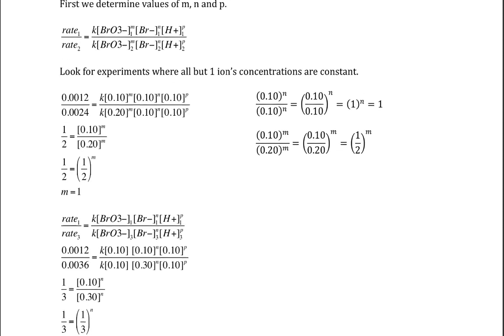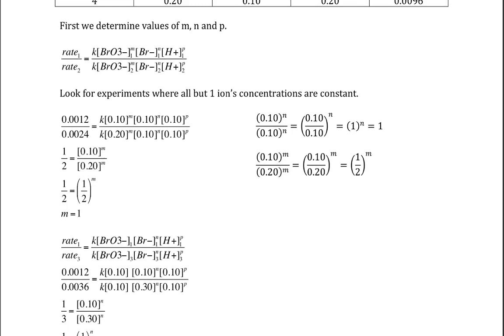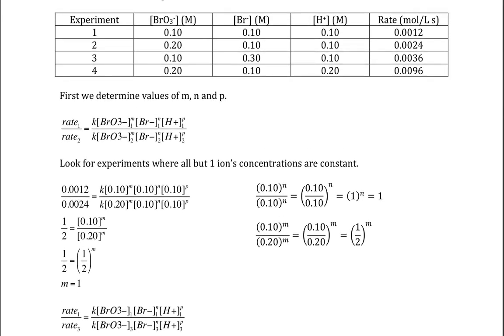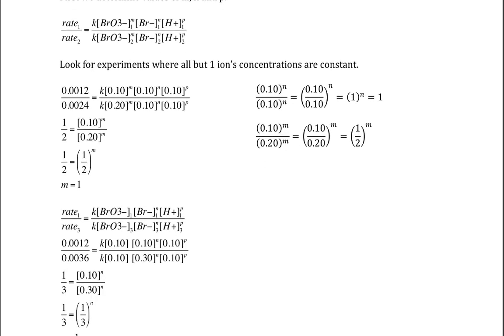Now we'll next determine the value of n. So what we do is we look for data where only the Br minus concentration changes, and the BrO3 and the H plus concentrations are constant. So we'll take experiment 1 and experiment 3 data.